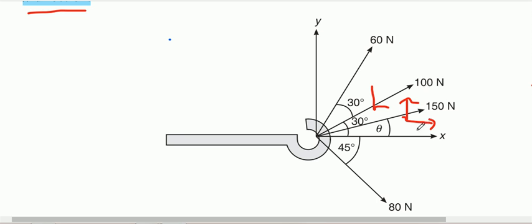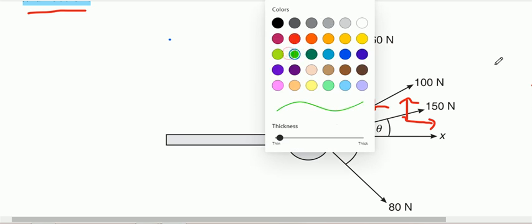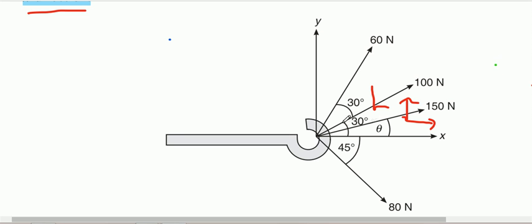Just observe the angles where they are given. 100 cos 30 is correct, because they have given the inclination from here to here, that is 30. So your x component is 100 cos 30 and y component is 100 sin 30. Therefore 100 cos 30 is horizontal and 100 sin 30 is the vertical component.